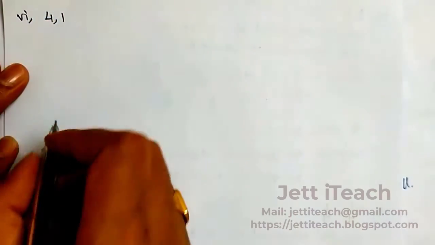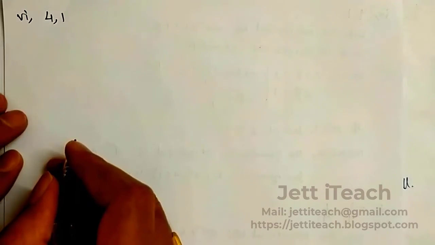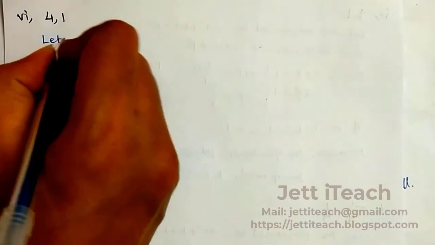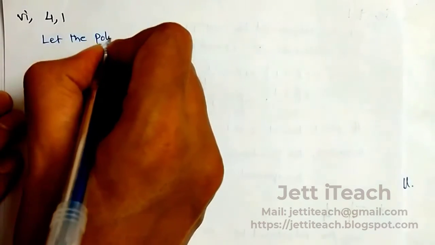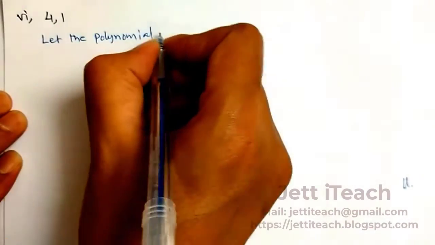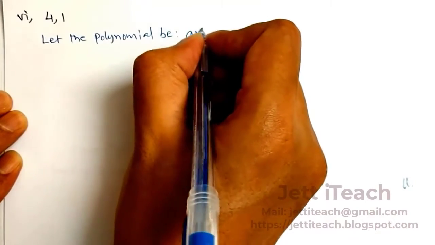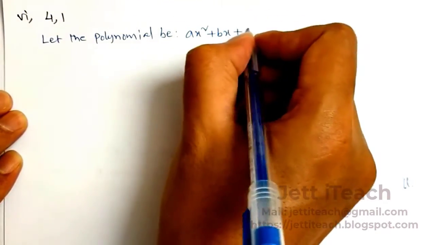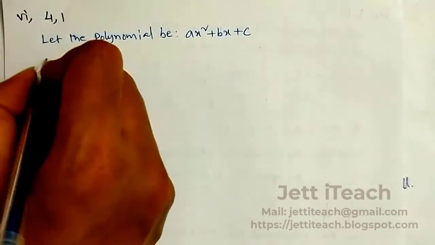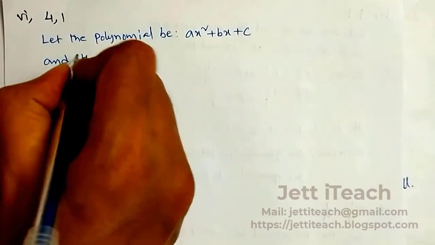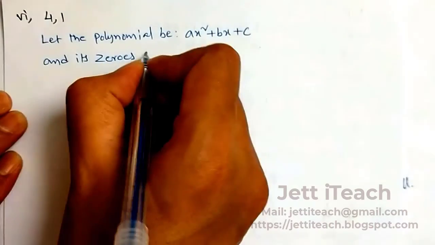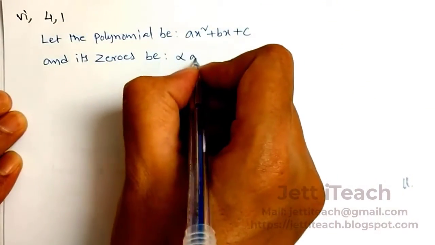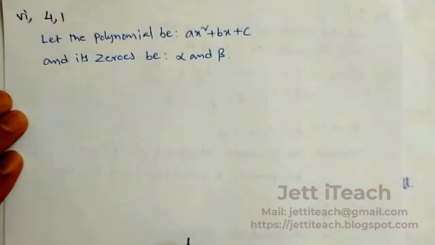Sixth one, 4, 1. Let the polynomial be ax square plus bx plus c and its zeros be alpha and beta.